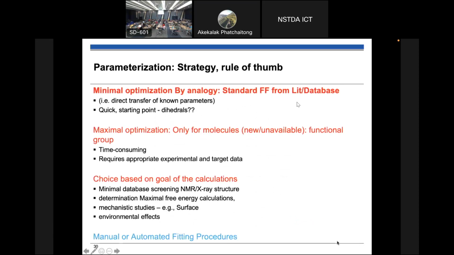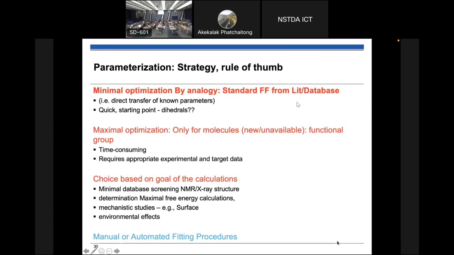Some rules of thumb. Minimum optimization by analogy. This is what we mean by that. Let's say you get a new molecule and you say, I have learned from this workshop that I have to do it from the beginning. No, it's not like that. You try to find the parameters from literature for any molecule you are working on. Then you find out what is missing in those parameters, which dihedral angle is missing, which charges are missing.